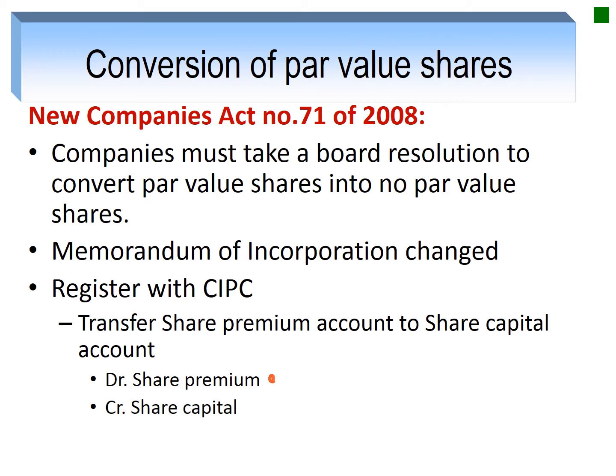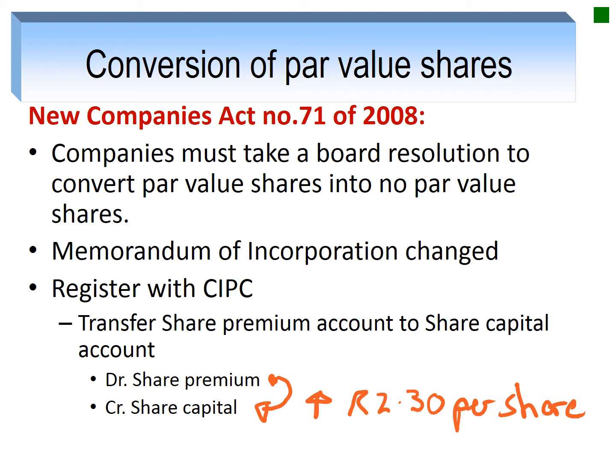So this share premium account over here would have had a credit balance, and we're now going to transfer the credit balance into the share capital account, and we're going to increase the share capital account therefore to the full value that we received per share, which in our previous example was R2.30.